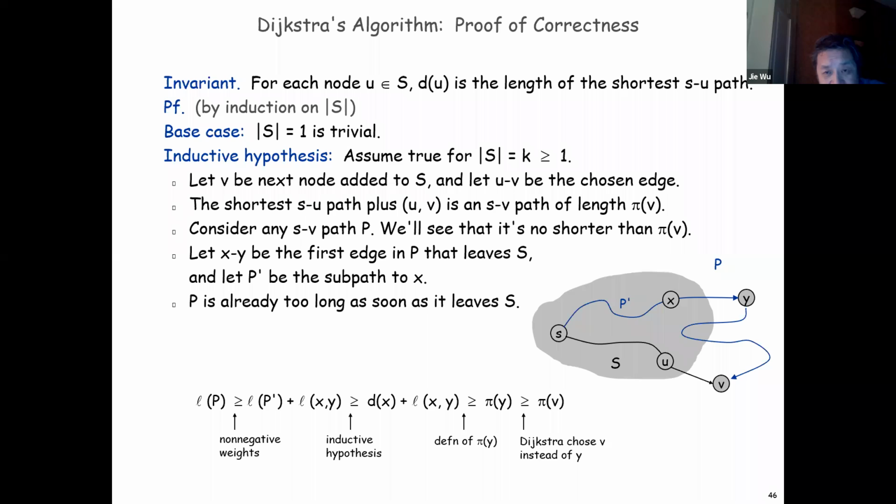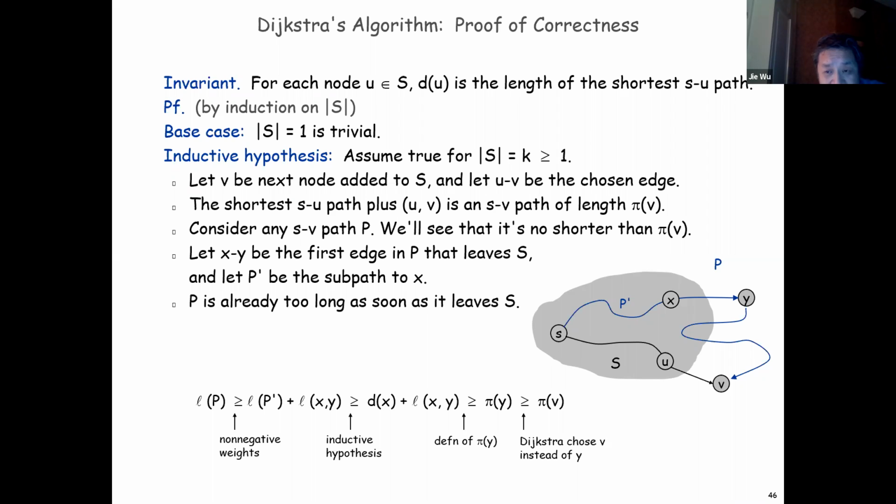And this is a good example to show that it's better to solve a more generalized problem than one specific problem. That means to find the shortest path to a particular destination, it's better to find the shortest path from a given source to all destinations. Then as a byproduct, you find the shortest path to a particular destination.